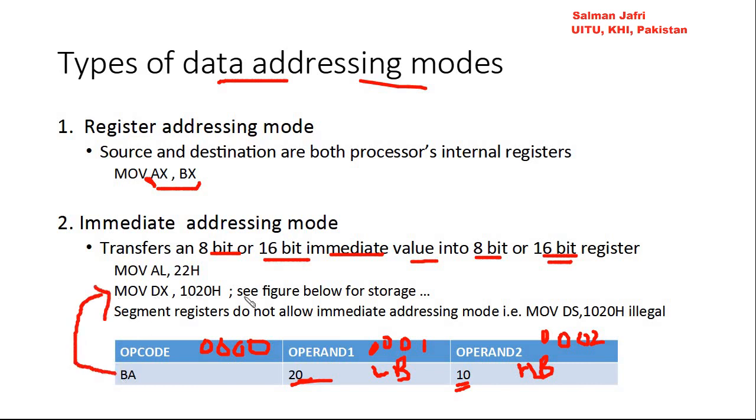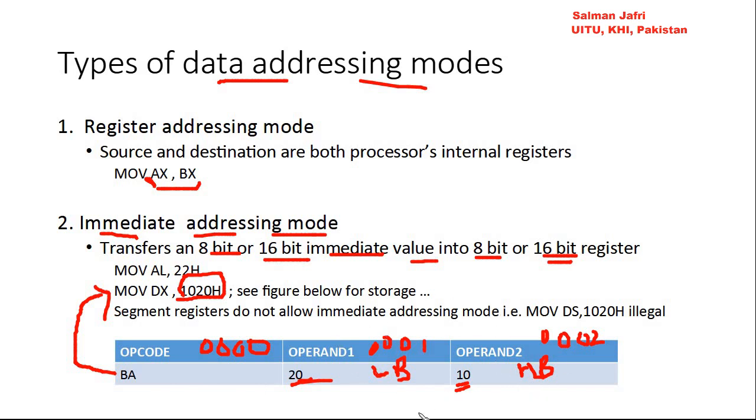This is the equivalent of the second instruction as shown: MOV DX, 1020. Now what does it mean? Whenever the instruction is fetched, first the opcode byte is fetched and decoded, followed by operand 1 and operand 2. With immediate addressing mode, the operand, which is 1020 hex in this case, is treated by the microprocessor to be the data itself. So when the processor has fetched the full instruction, it has also fetched the data.